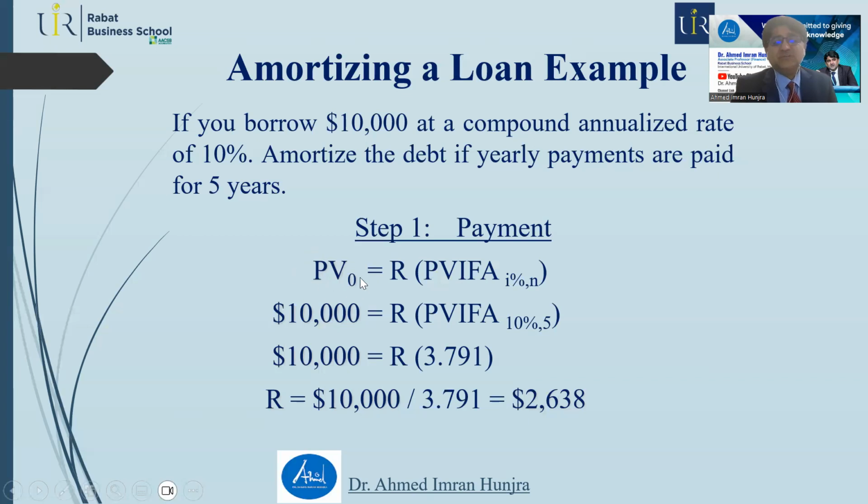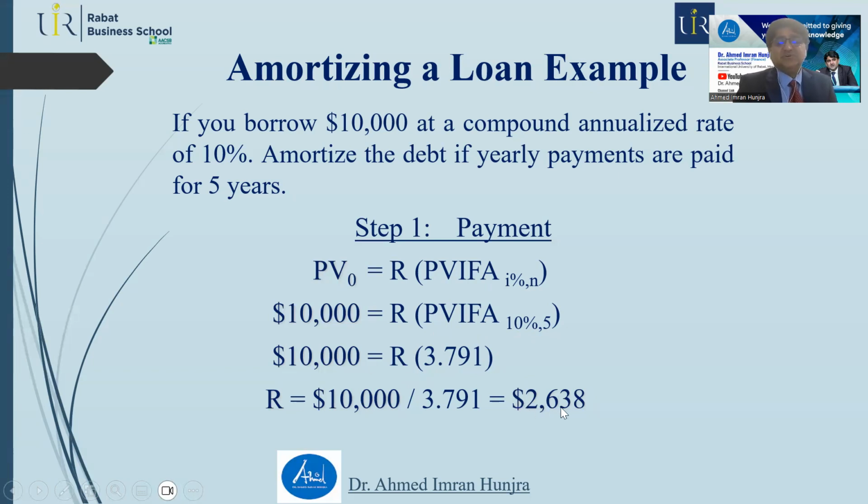Today I have borrowed 10,000, and I need to find the value of R, meaning the series of equal payments. The present value interest factor of annuity for 10% and 5 years is equal to 3.791.